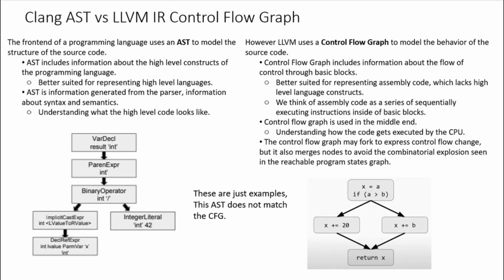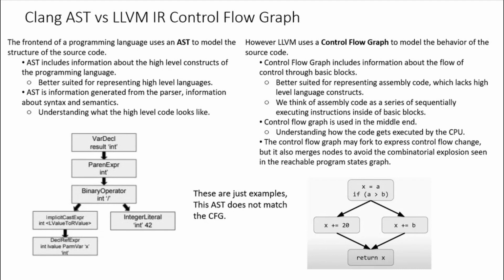Now, we have two different ways of representing programs. The first way of representing programs is the Clang AST, Abstract Syntax Tree. The front end of a programming language uses an abstract syntax tree to model the structure of the source code.